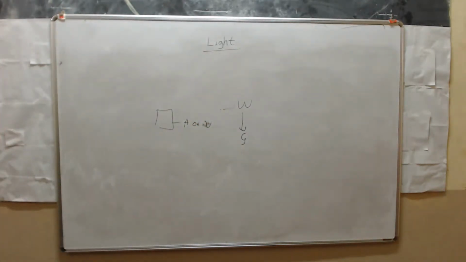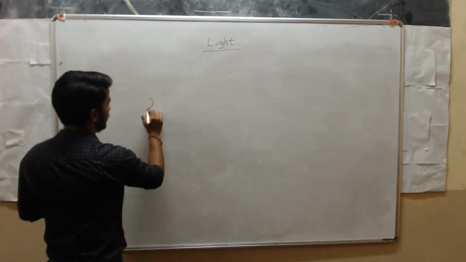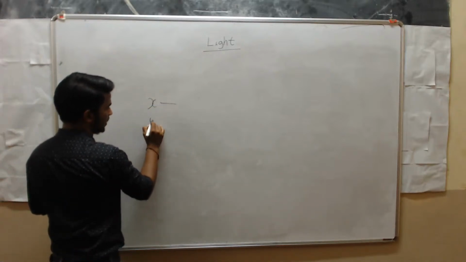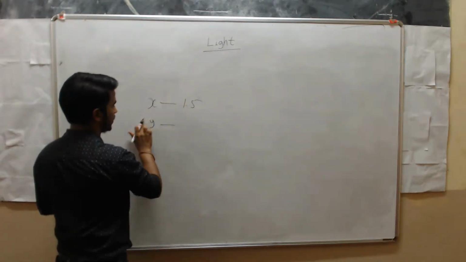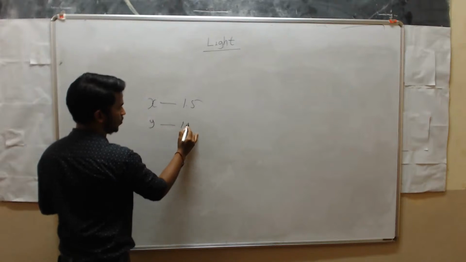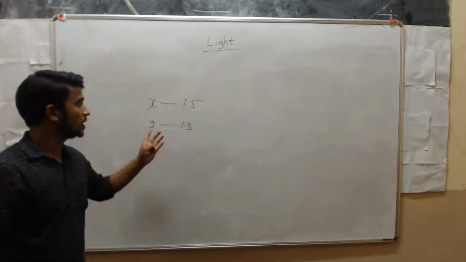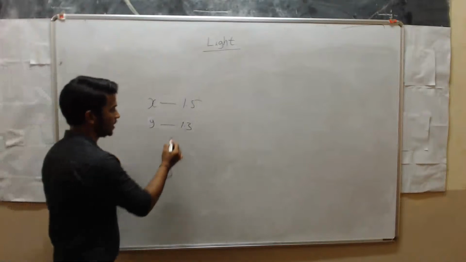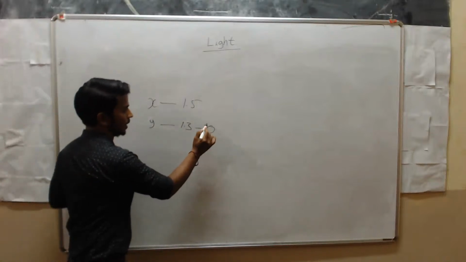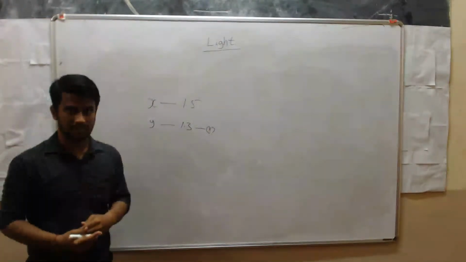Suppose in an exam, they will give two mediums. For example, X and Y medium. The refractive index of X medium is 1.5 and the refractive index of Y medium is 1.3. Maybe they'll ask, out of these two, in which medium does the speed of light travel more? Clearly we can say that it is medium Y. If the refractive index increases, then the speed of light decreases.